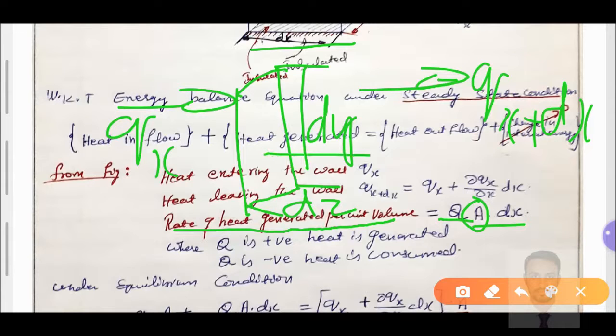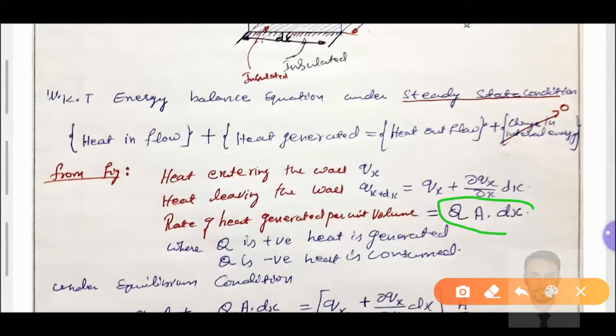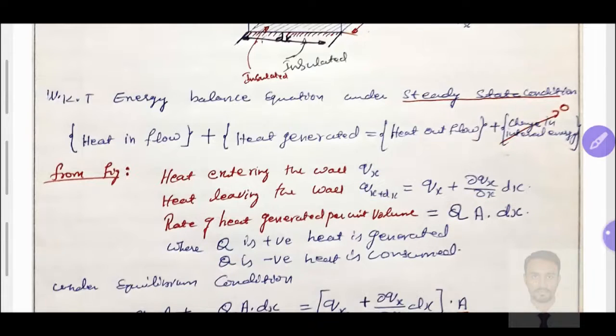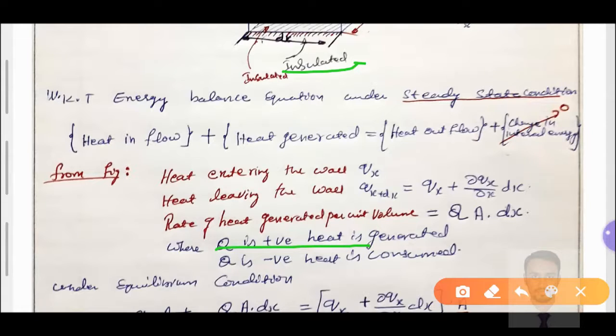Flow of heat takes place along the x direction, that is dx. Heat is generated throughout the volume, Q times A times dx, but it is not transferring along the y and z directions, it moves only along the x direction. When heat is generated by the system it is said to be positive, and when heat is consumed by the system it is said to be negative.